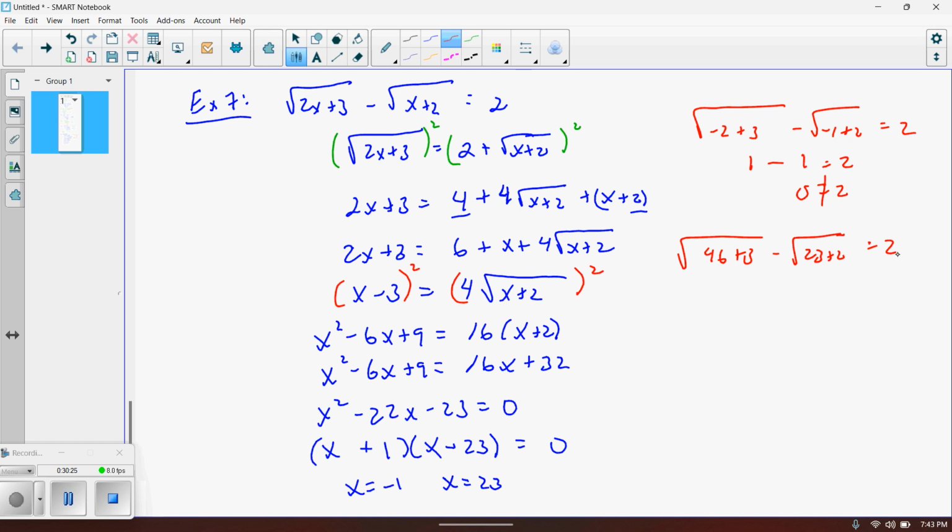Square root of 49 is 7. 23 plus 2 is 25. Square root of 25 is 5. 7 minus 5 does give us 2. That works. So our solution, finally, to this last problem here is 23.